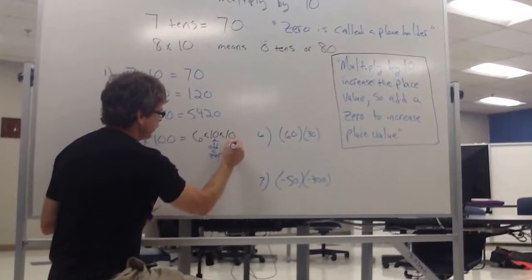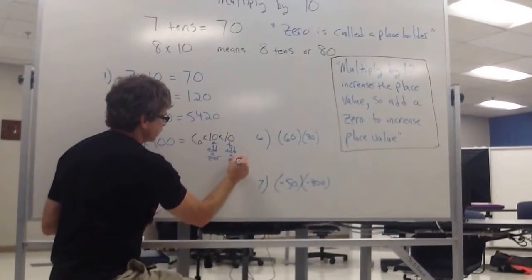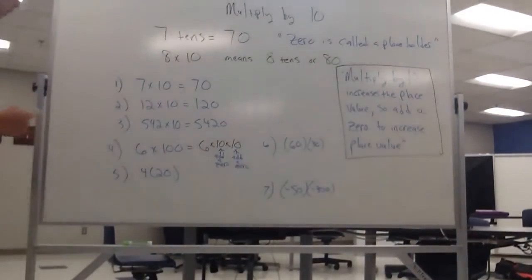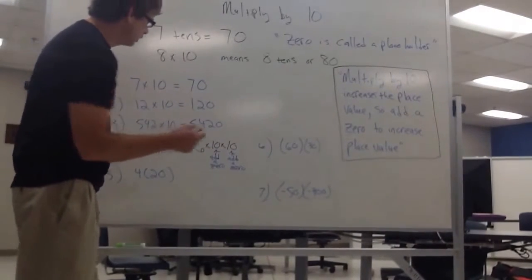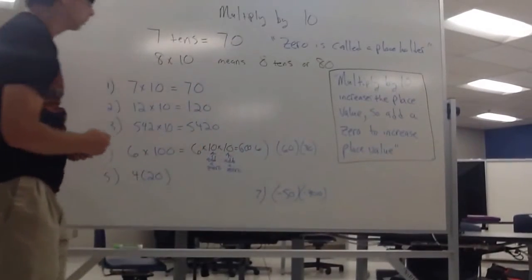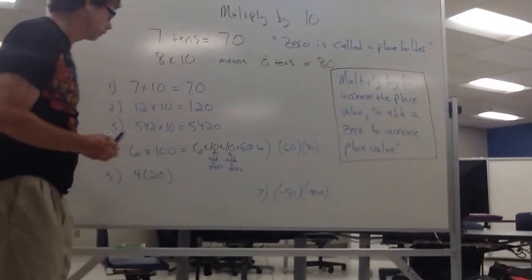And if I multiply by another 10, I have to add another zero. That's kind of our shortcut to all this. This is kind of what we call our mental math. So 6 times 100 would be then just simply 600. Because again, multiplying by 100 would mean to stick on 2 zeros.